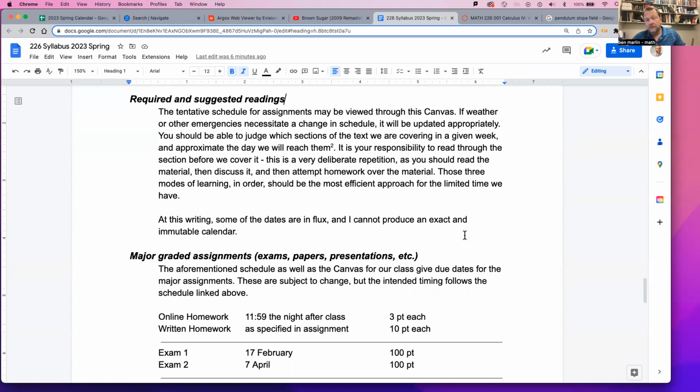How should you go about trying to succeed in school? Show up to class. Y'all are good at that. Read the textbook. I've never had hardly anybody in a math class who really read the textbook. So read the textbook before coming to class. That'll be something you'll have to think about a little bit.